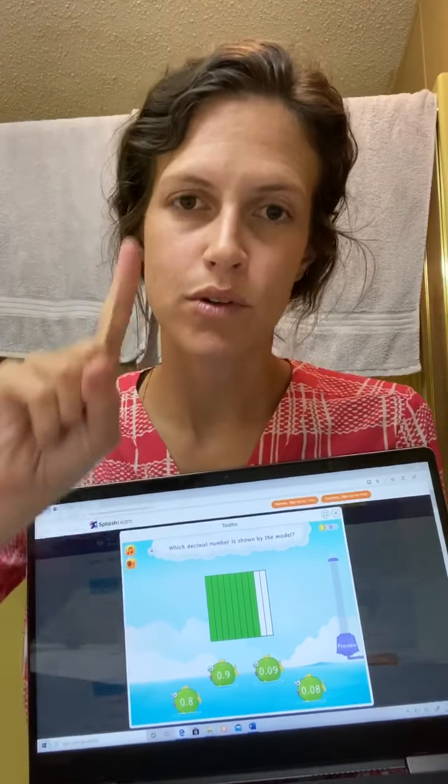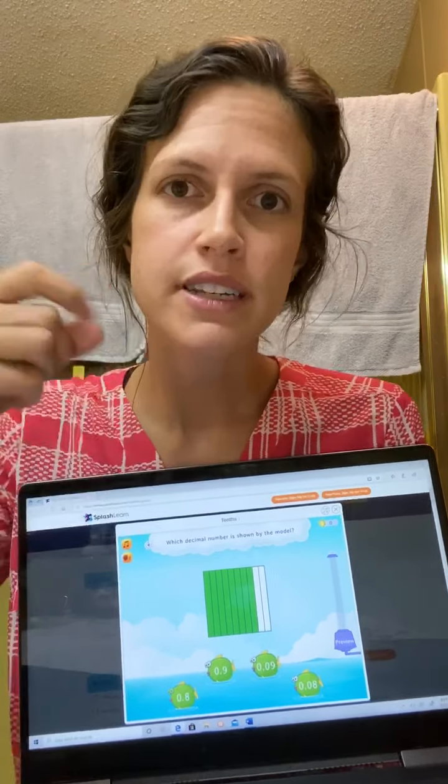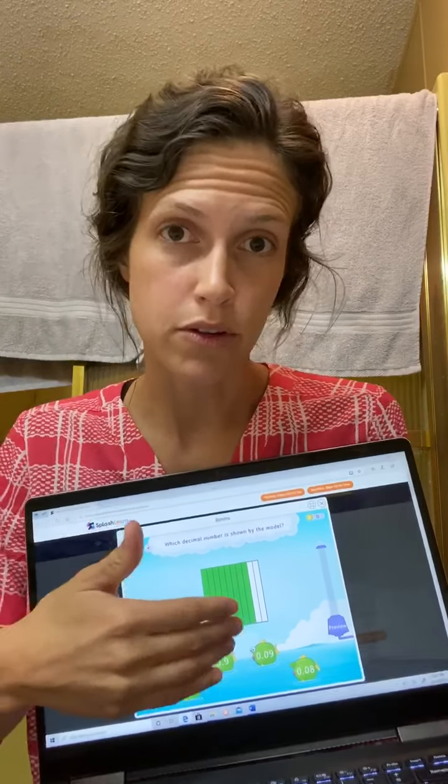It's going to say which decimal number is shown by the model. So you remember that 1 square equals 1, but it's marked into tenths, okay? So you're going to see how many lines are shaded, which will give you how many tenths we're looking for.